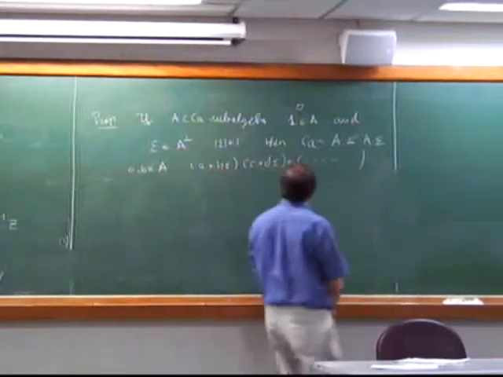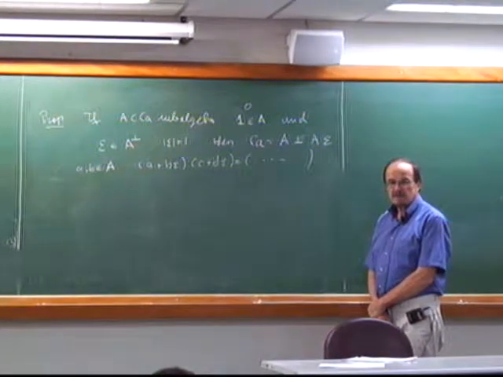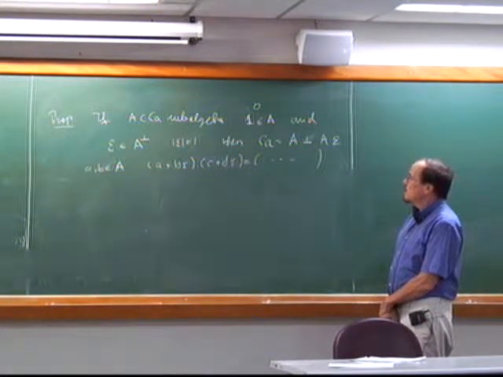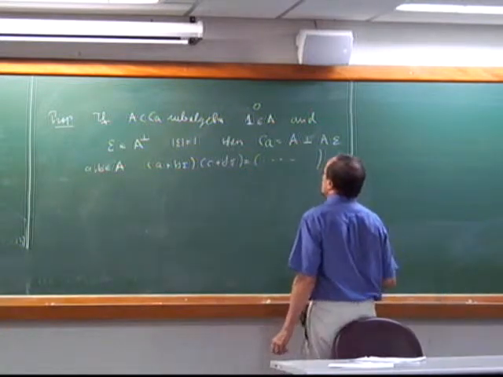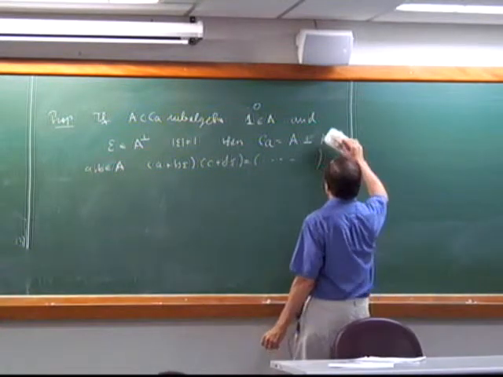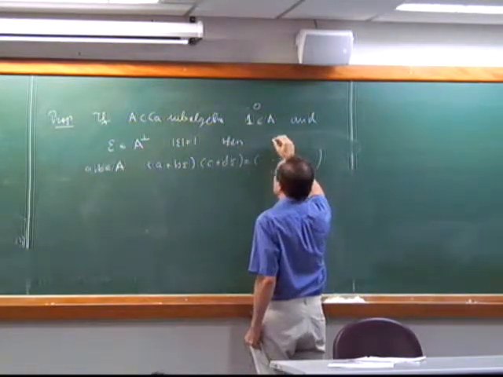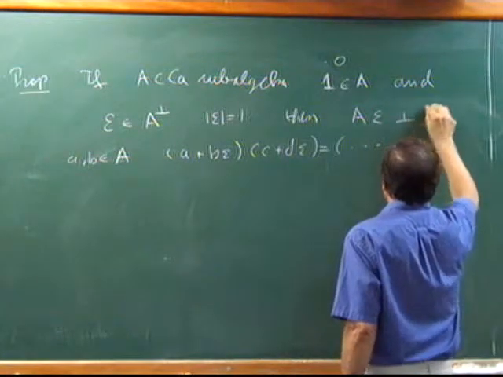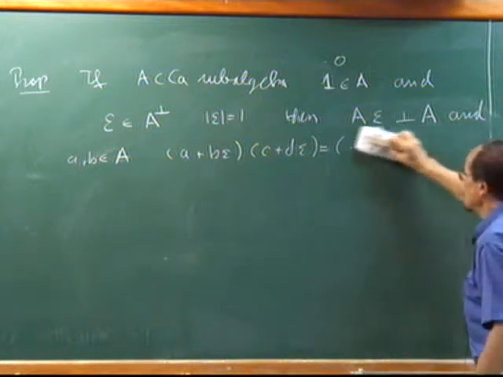You mean a quaternion subalgebra? Pardon? No, any subalgebra. Any real subalgebra, right. Let's say A is a subalgebra containing 1, then A times epsilon is orthogonal to A, and this holds.